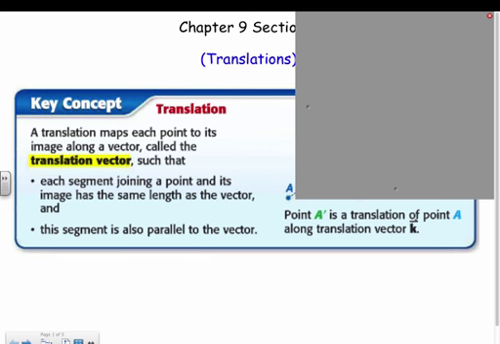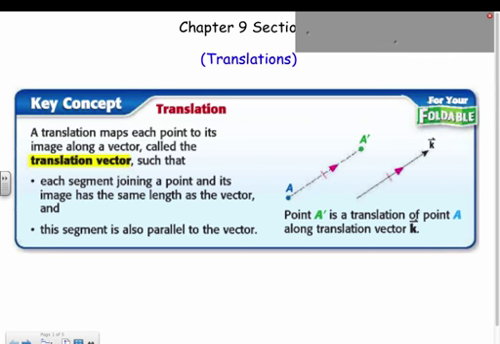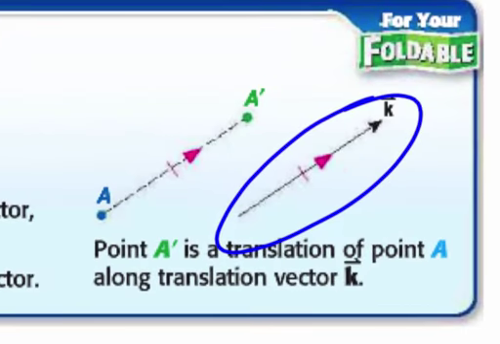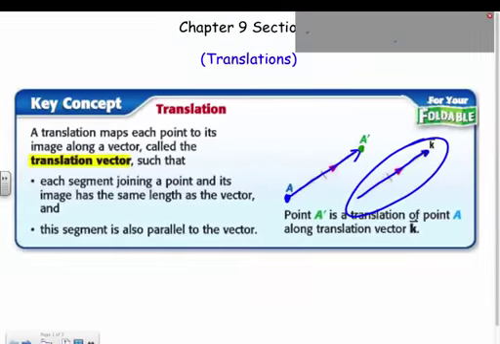It's pretty straightforward. So for example, if I had point A and I wanted to move it by this vector k, I would move it by the distance that the vector is and the direction. So A would move the same distance in the direction of that vector, and it'd become A prime. It moves a certain amount to the right and then a certain amount up in this case. It's going to move in the X direction and the Y direction.